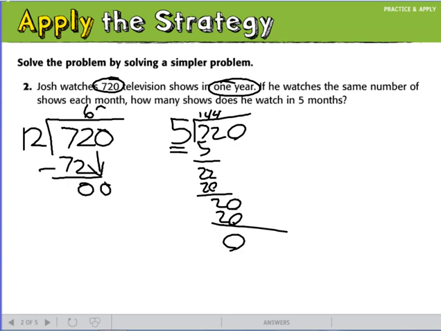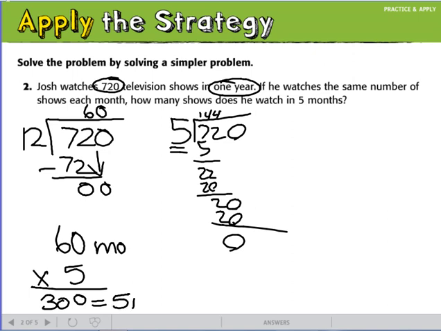Twelve goes into 0 times. So they watched 60 in a month. Then we have to multiply that by the 5 months, which means we end up with 300 television shows in 5 months.